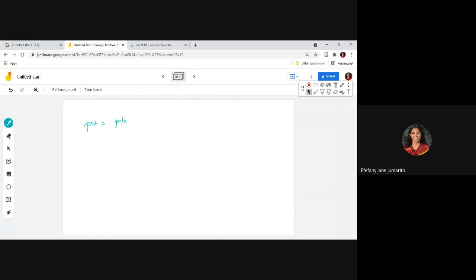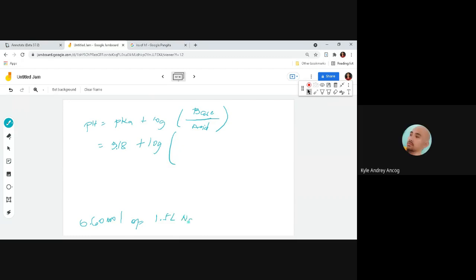pH is equal to pKa plus log of base over the acid. pKa is 3.18. We add 0.60 mole in 1.5 liters of NaOH.